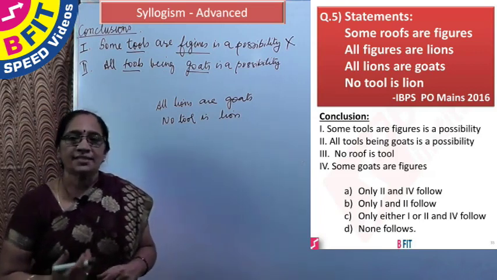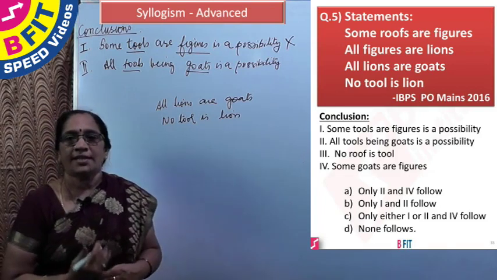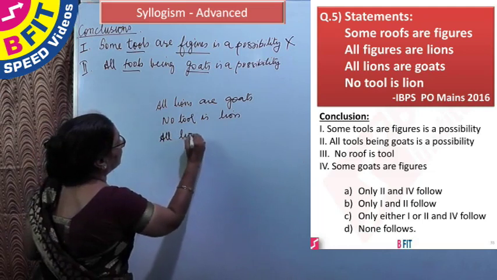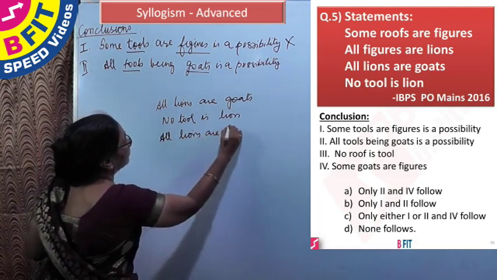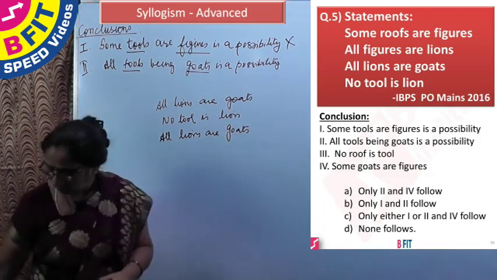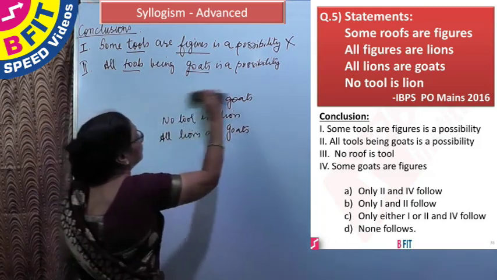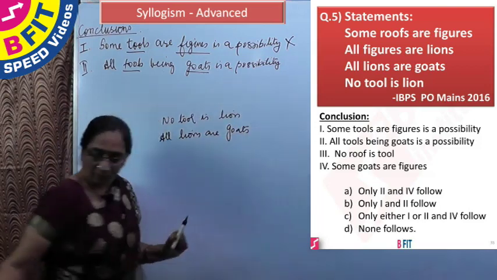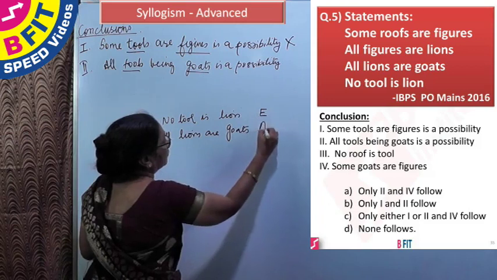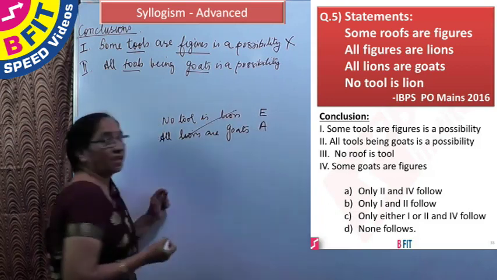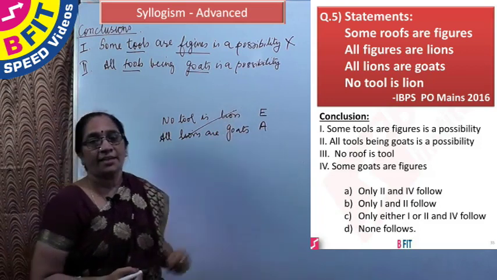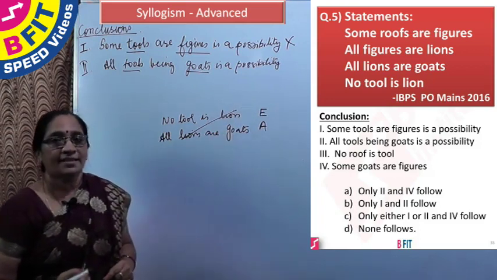In this case, it is enough if we just reorder the statement. We have cancelled the common terms. When we combine an E and A statement, we will get O reverse as the answer.